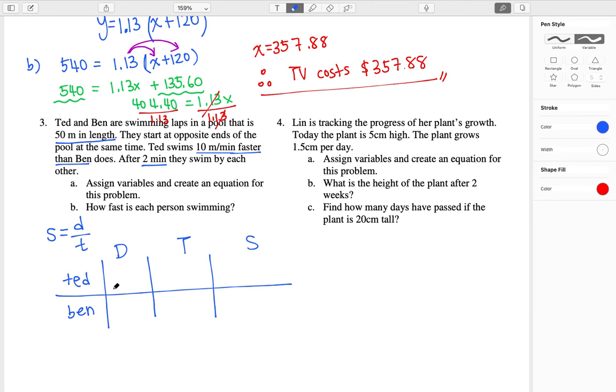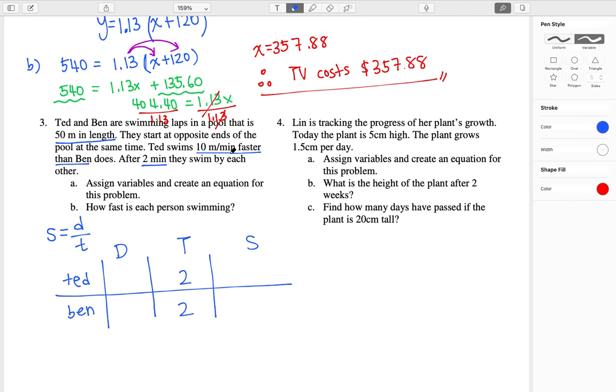So for time, after 2 minutes, they swim by each other. So for both Ted and Ben, the time is 2 minutes.